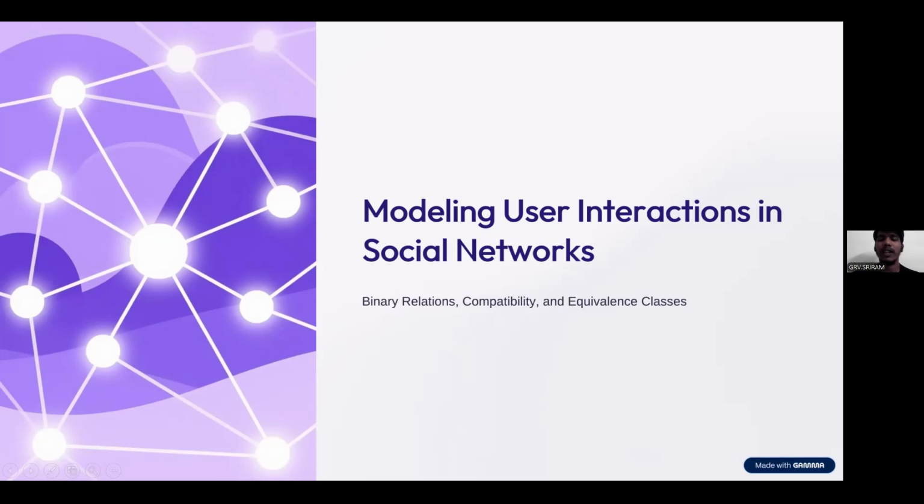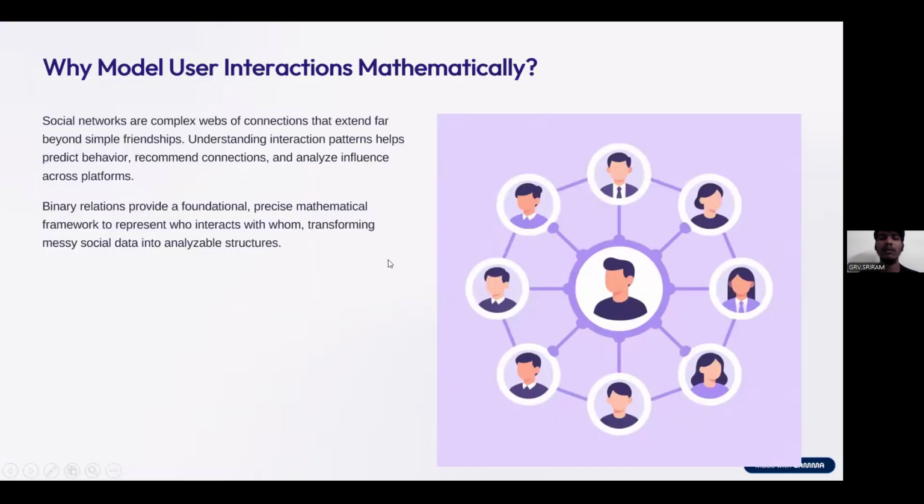Modeling user interactions in social networks: binary relations, compatibility, and equivalence classes. Why model user interactions mathematically? Social networks are complex webs of connections that extend far beyond simple friendships.